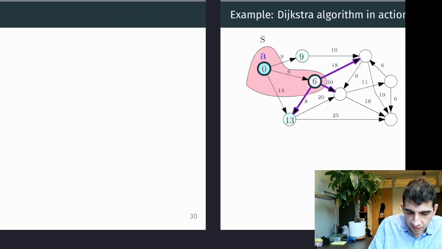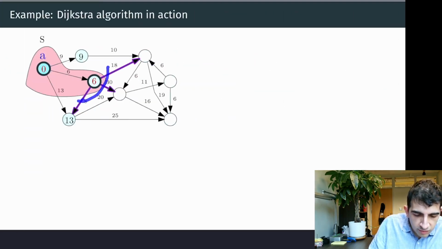Make sense? So if we look at just those edges and recalculate the distance to these vertices, we now could compute a new distance prime. Okay, we don't change the value here because the distance using this node is 6 plus 14, which is greater than the distance to this node that we've already established as 13.